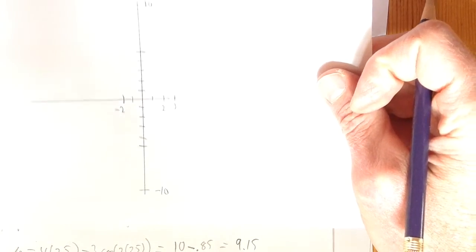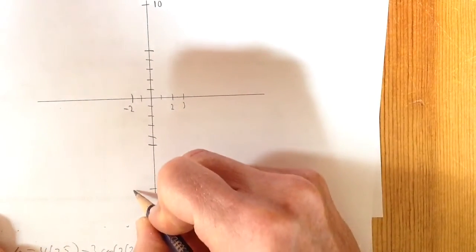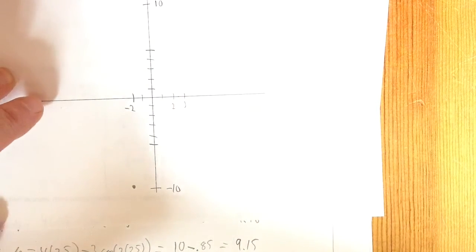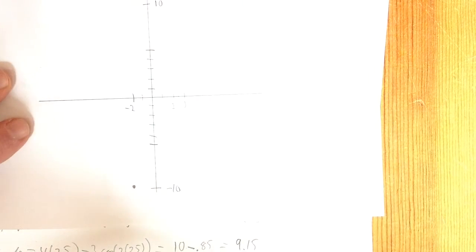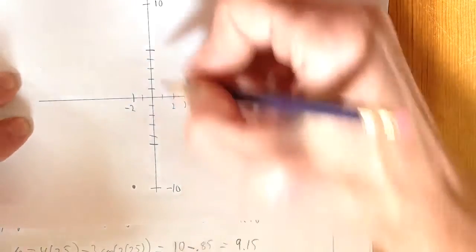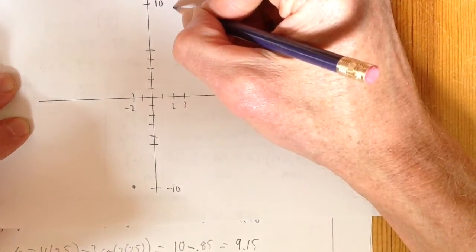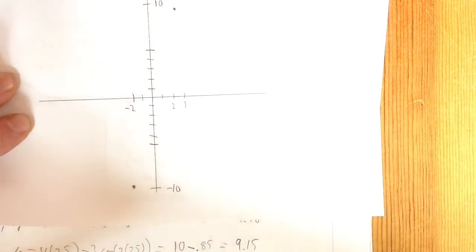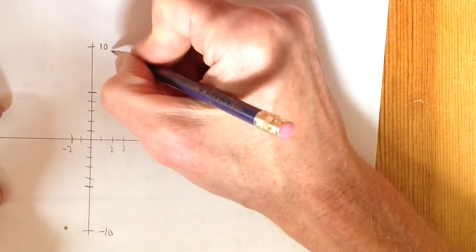Okay, so our points: at -2, it's -9.96, really close to -10. It's right here. There's one point. At 2, it's 9.96. At 2.5, it's 9.5, pretty close to 10. And then our maximum is at 1.935, where it's 9.98, a little bit higher than that one.